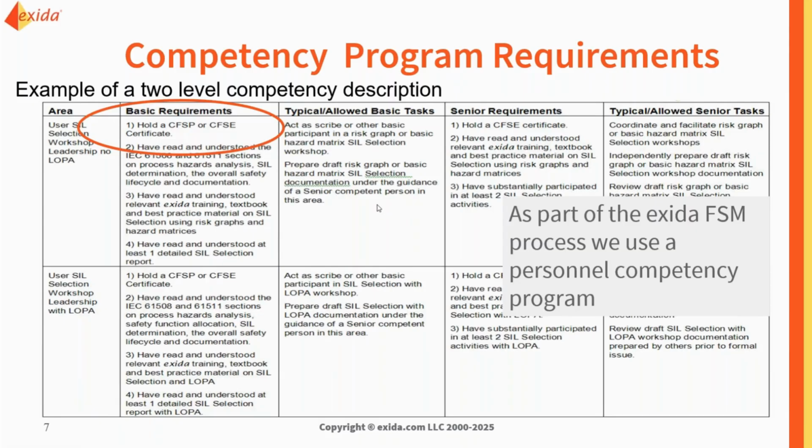For senior requirements, we need them to hold a CFSE, because senior requirements usually have much more detailed life cycle responsibilities, whether you're facilitating a hazard analysis, facilitating a LOPA, doing the SIL selection, or whatever specific detailed task is required. So you could use something like this.